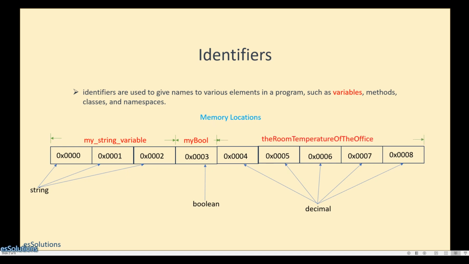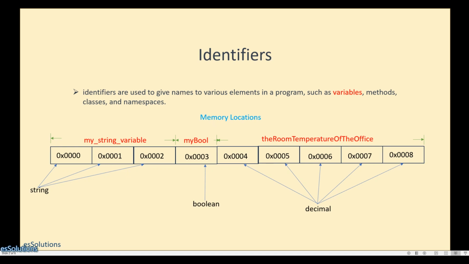And the same thing with location 0004 all the way to 0008. If I give it a name called room temperature of the office, it knows that wherever it sees room temperature of the office, I am speaking with regards to location 0004 all the way to 0008. So that is what identifiers really are.